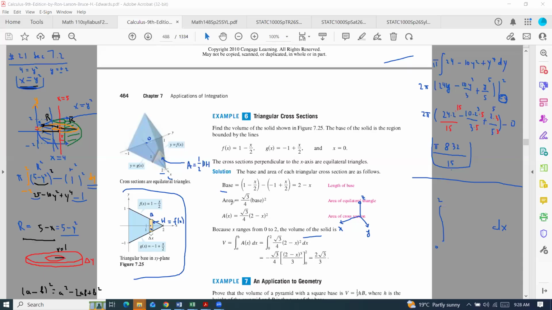And that's why for the height, they're using this 1 minus x over 2. So where's the area? I don't even write it. Well, anyways, height is 1 minus x over 2. See, that's where confusion comes. They don't write it exactly.